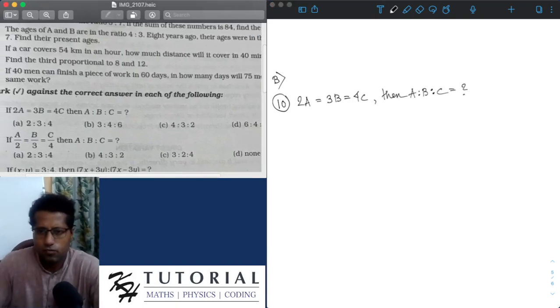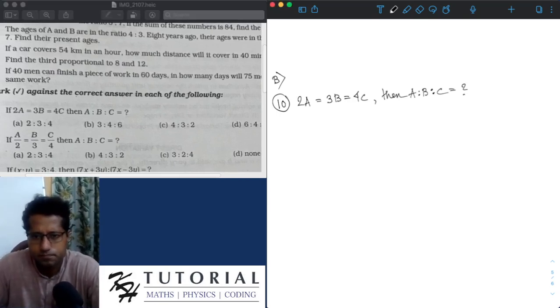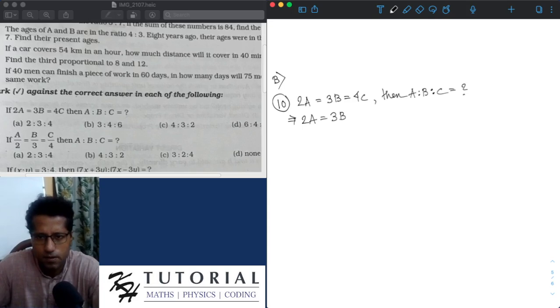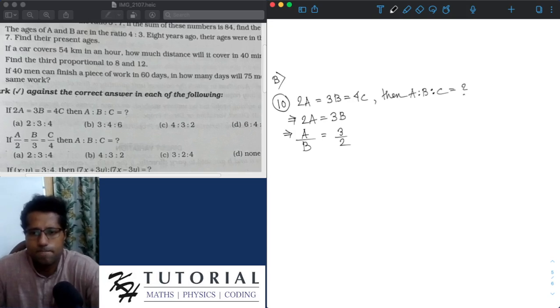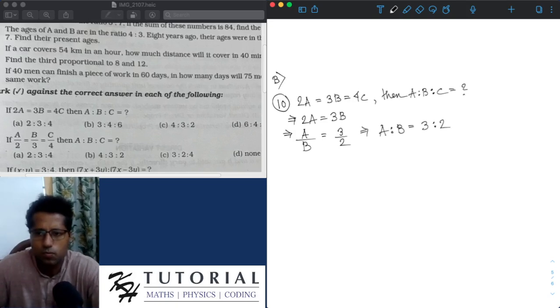So if 2A equals 3B equals 4C, this implies that we know that 2A equals 3B. From here we can say that A by B equals 3 by 2. So this implies that A is to B is 3 is to 2.